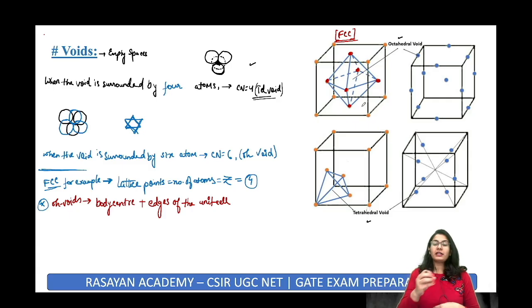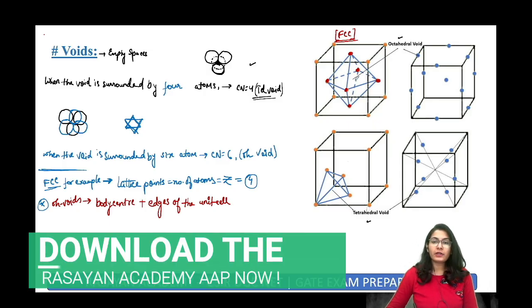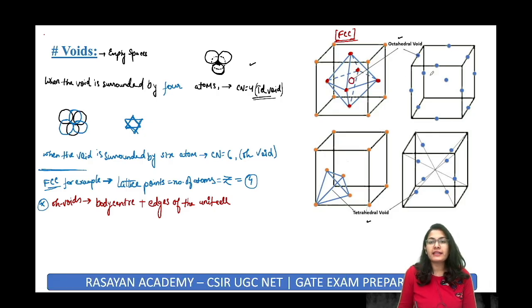So when you see that all the face center points are combining to create a hollow, that hollow has a coordination number of 6 because 6 atoms are surrounding that hollow. इसीलिए वहाँ पे body center पे octahedral void आएगा. So this void at the center over here is going to be an octahedral void.